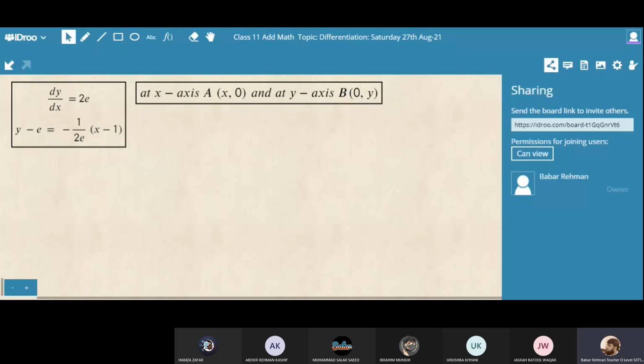Okay, students, tell me the coordinates so that I can tell you how to find the area. Hurry up.